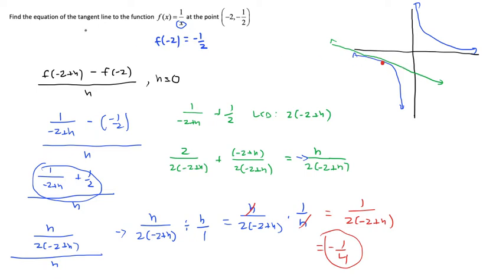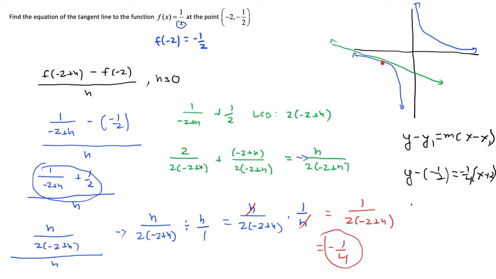The question does say to give the equation of this line. So in order to write the equation of the line, we just use the point slope formula: y minus y1 equals m times x minus x1. We know the slope is -1/4, and we know the point, we have the coordinates right here. So we'll just plug everything in. y minus -1/2 is equal to -1/4 times x minus -2, that just becomes a +2 here.